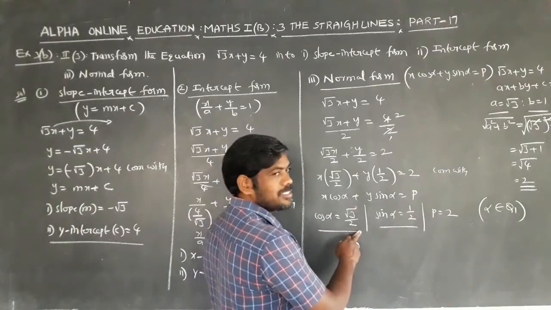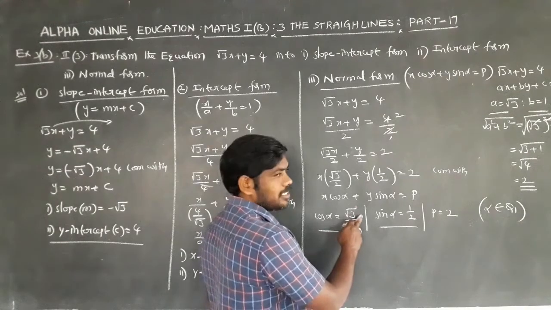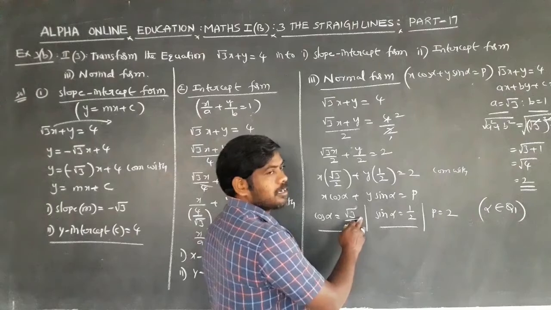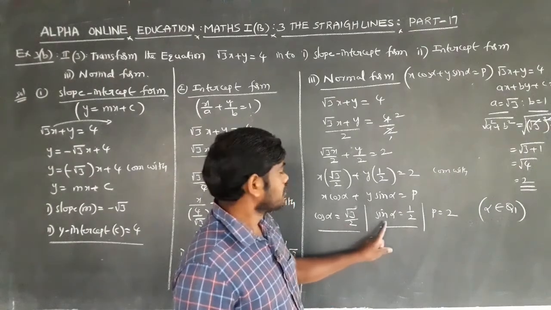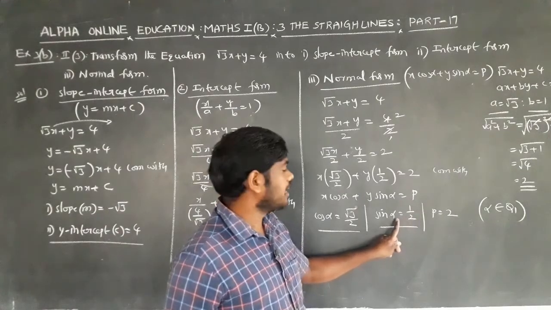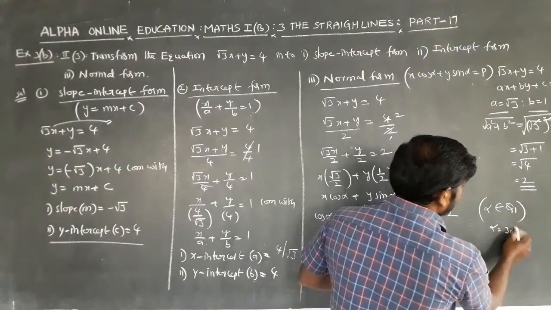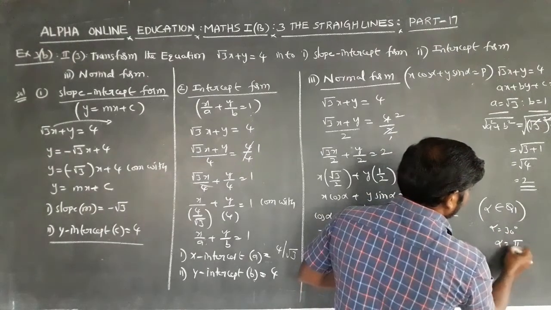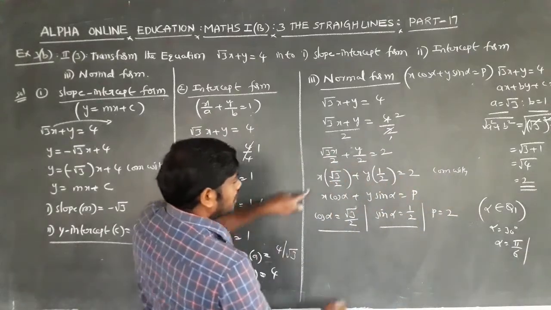√3/2 = cos α. Cos α = √3/2 means cos 30° = √3/2. Sin α = 1/2 means sin 30° = 1/2. So here α = 30° or π/6 radians.